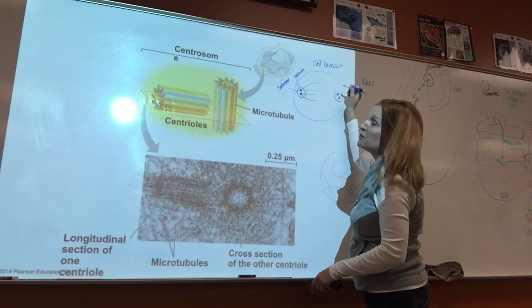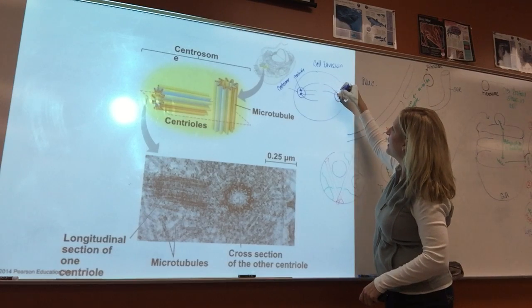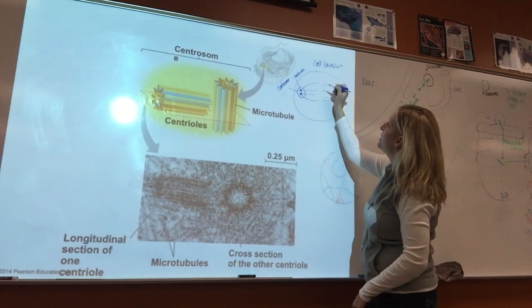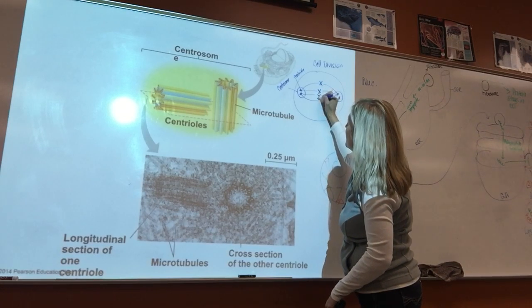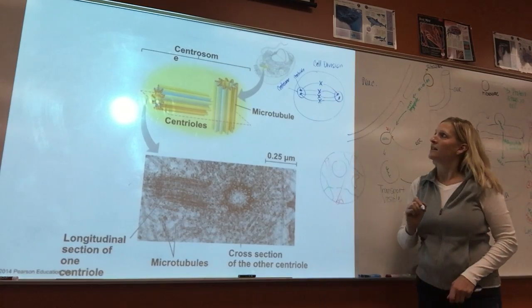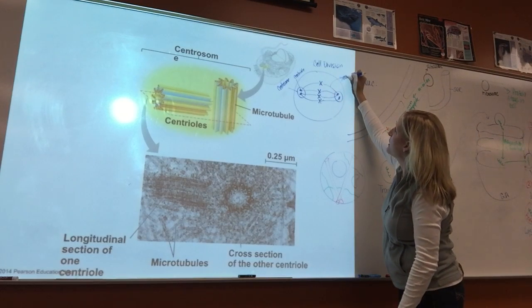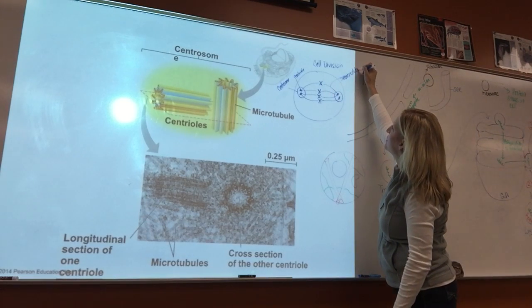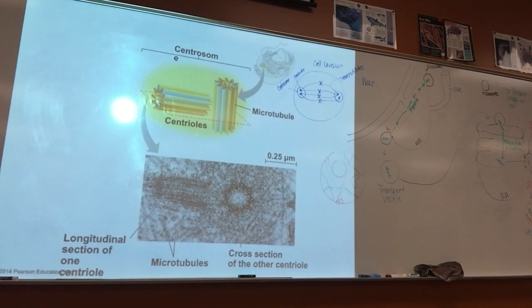You remember the spindle fibers during cell division? Does this ring a bell? They come out of the centrioles, and the chromosomes line up down the center of the cell, connected to the spindle fibers. These guys are microtubules. So they help with cell division, with lining up the chromosomes, and so on. So that's another function of the microtubule.